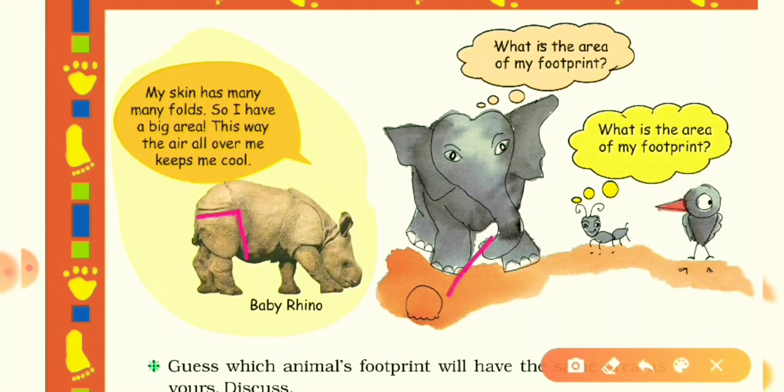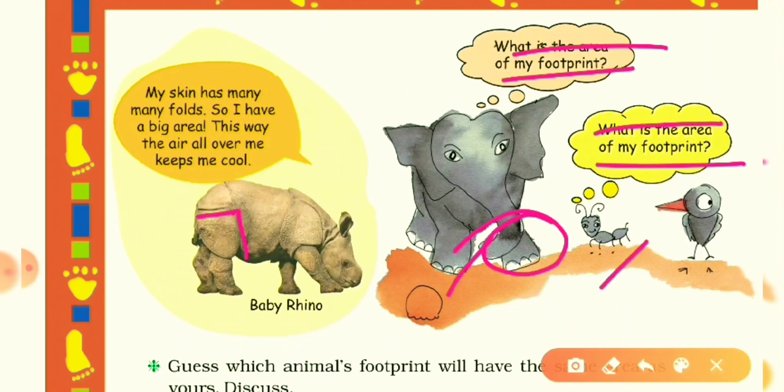Now the elephant is saying, what is the area of my footprint? Oh, he is confused about the area. And an ant is saying here, so you will get that the area of the footprint of the elephant will be bigger compared to the ant and rhinos.